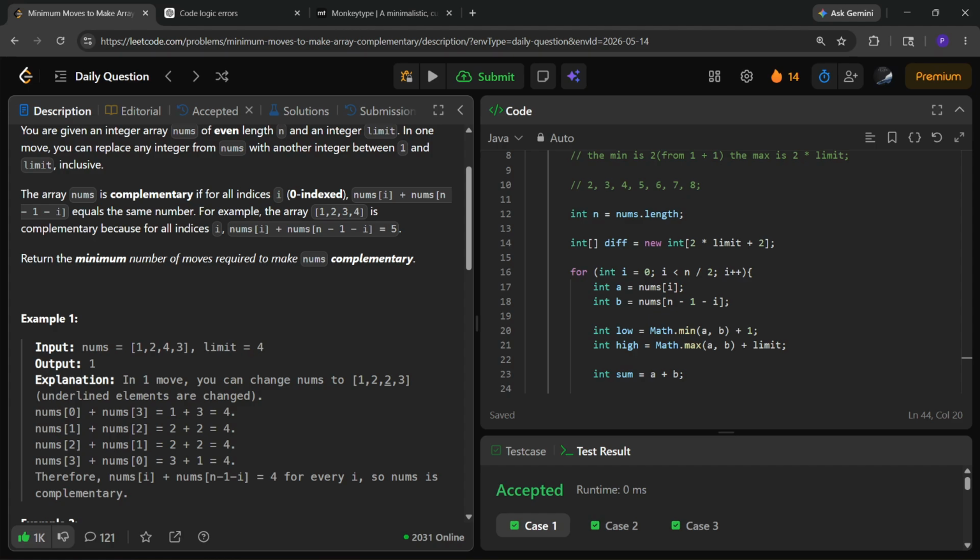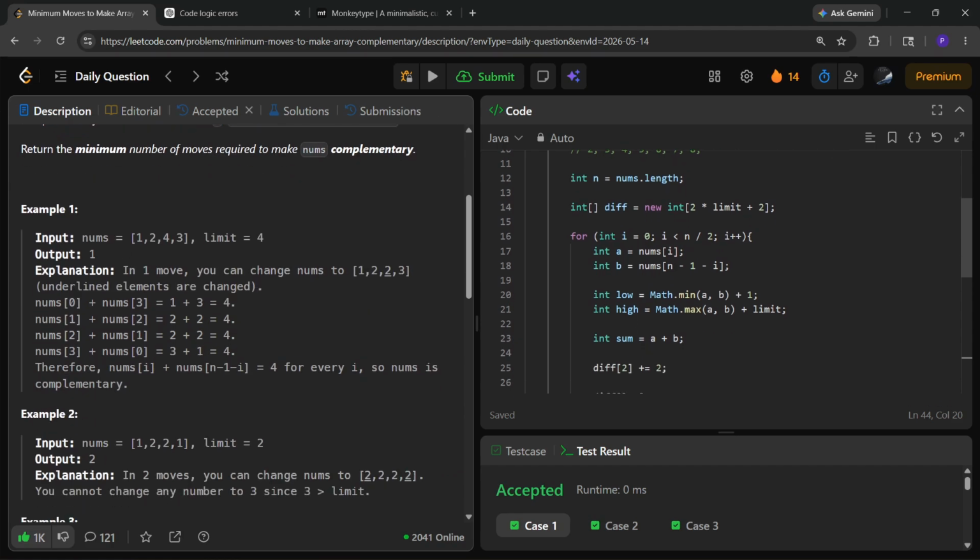So 1, 2, 3, 4, 5, 6, 7, 8, 9, 10. Let me just type the indexes also.